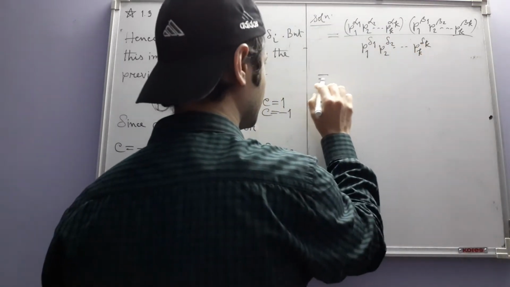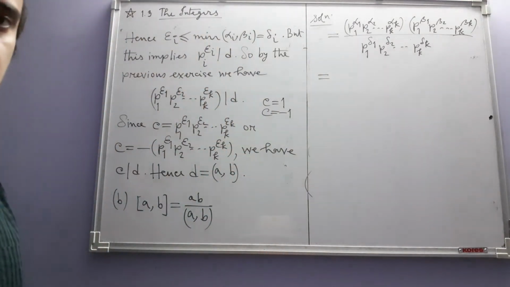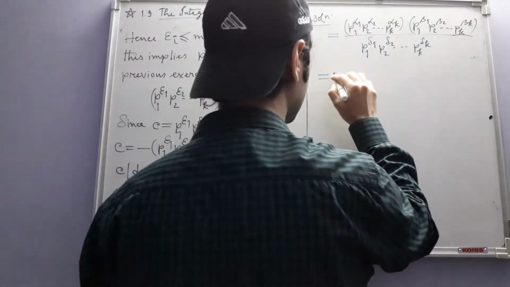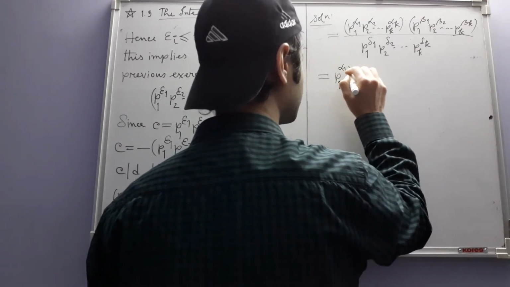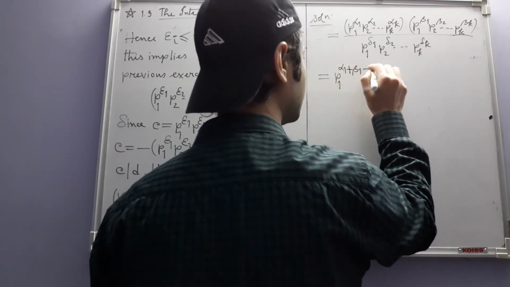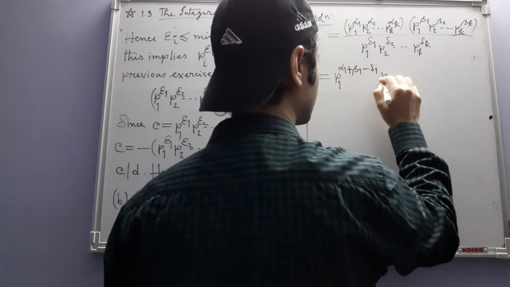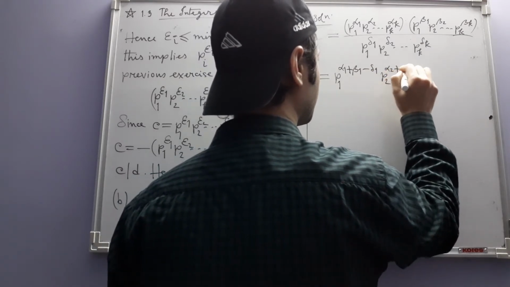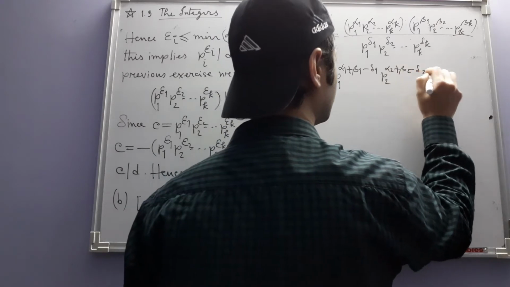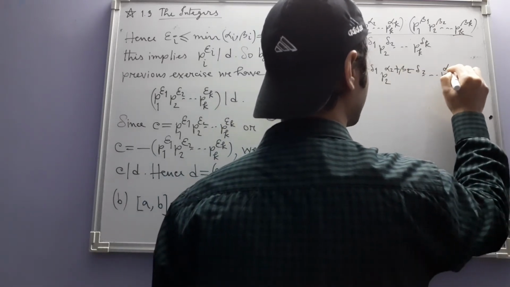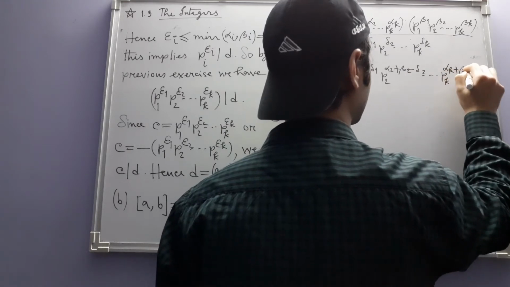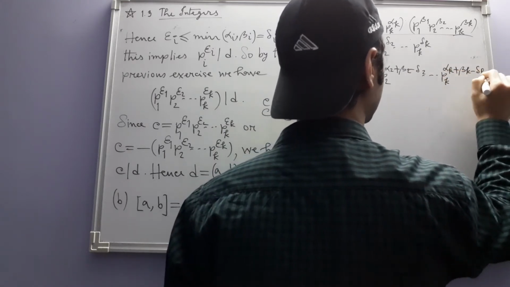Now I can simplify this by using the laws of exponent. I can write this as p1 to the power alpha 1 plus beta 1 minus delta 1, beta 2 minus delta 2, pk to the power alpha k plus beta k minus delta k.